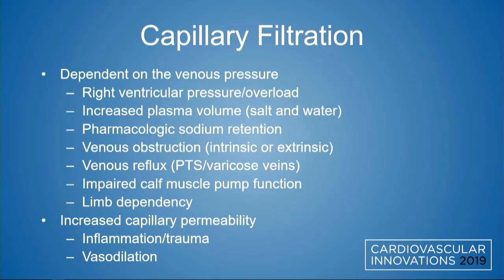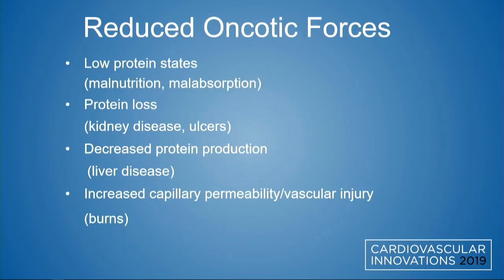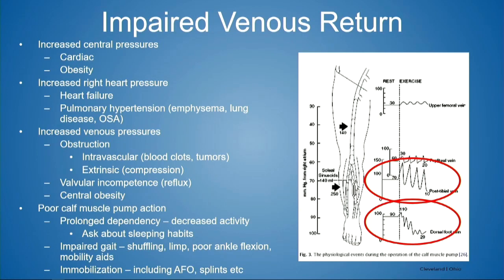And then anything that increases capillary permeability, inflammation, trauma, but also vasodilation, and that's where we get into trouble with many of our medications. We have to remember and look for our low oncotic forces, low protein states, malnutrition, particularly in the elderly, is a very common cause. We don't want to miss our protein losses or anything, again, that changes our capillary permeability.